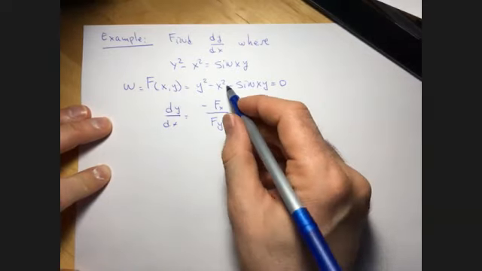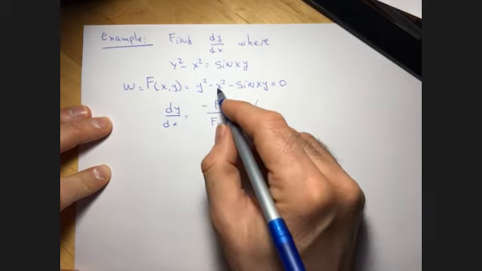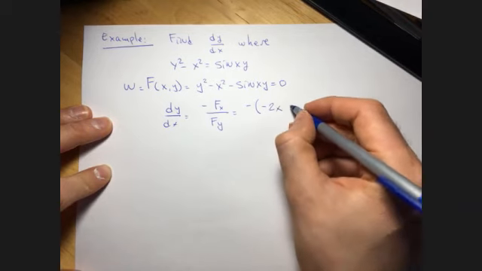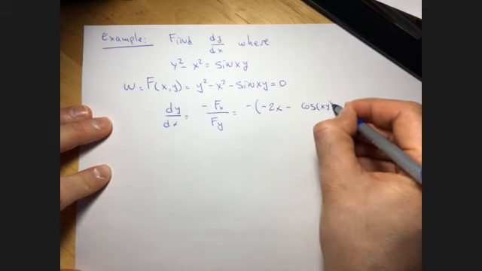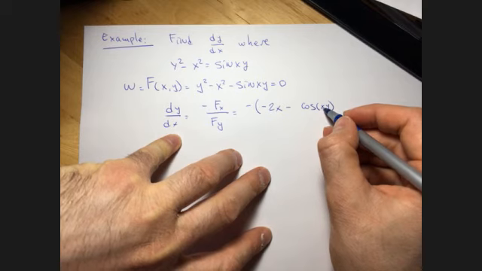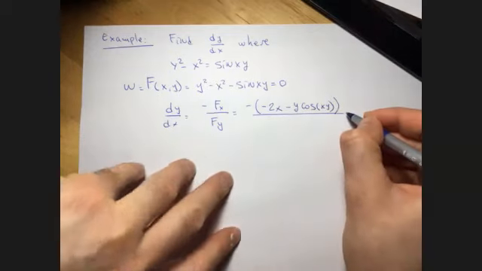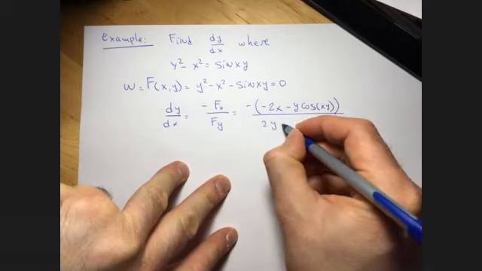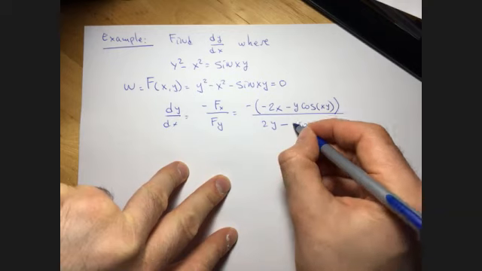So partial f partial x is negative. Derivative of y squared with respect to x is 0. Derivative of x squared with respect to x is negative 2x. Minus derivative of sine is cosine of xy times, by the chain rule, derivative of x with respect to x is 1 times the constant y times y. Over, and now the partial derivative of f with respect to y, it's 2y minus cosine of xy times x.